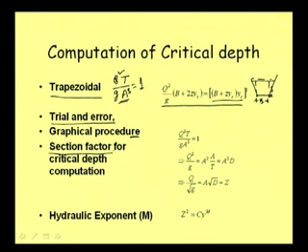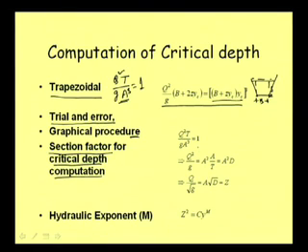In the computation of normal depth also we got a term called section factor, which comes from the sectional dimensions of the flow section. Here this section factor is also used, but the section factor for critical depth computation is not the same expression that we got for normal depth; it is a different expression.